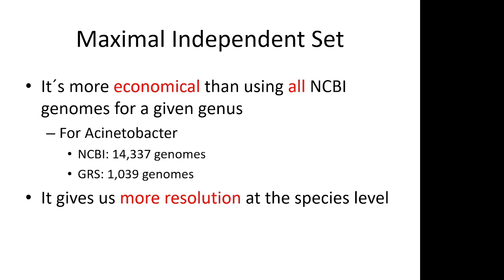But perhaps more important, or equally important, is that it gives us more resolution at the species level. And that greater resolution is part of the novelty of what we are developing, as I'm going to show you.